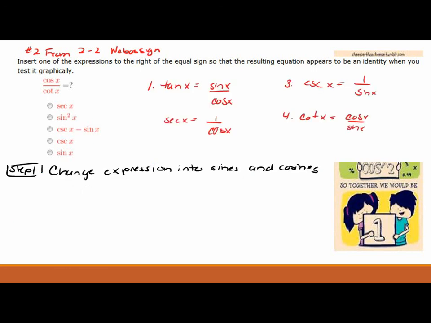So how do you do this problem? I put my little cheat sheet up there at the top. See that? First step is to change the expression into sines and cosines. So they gave me this cosine x over cotangent x. That's not step 1. That's stuff you need to know. You need to know that cold.